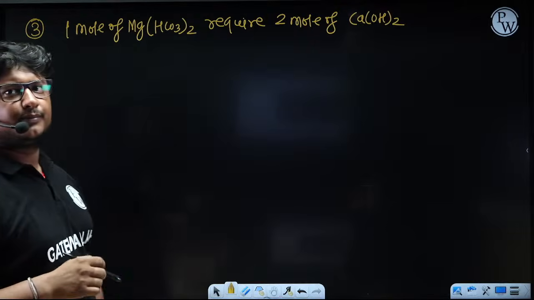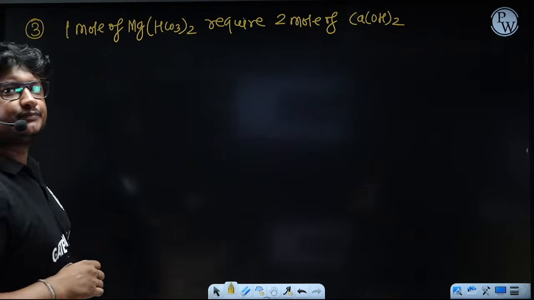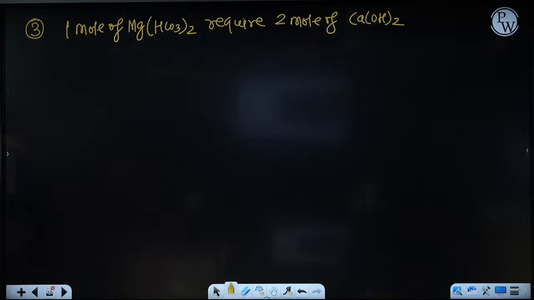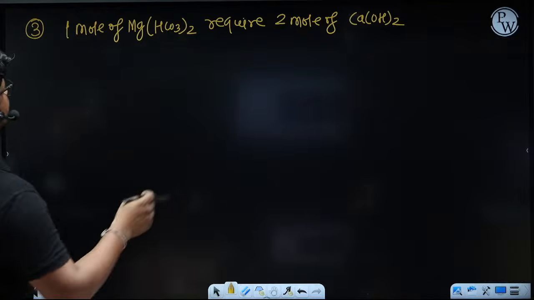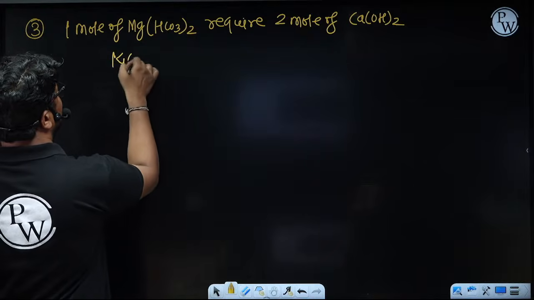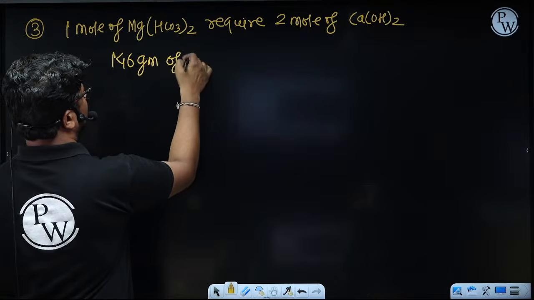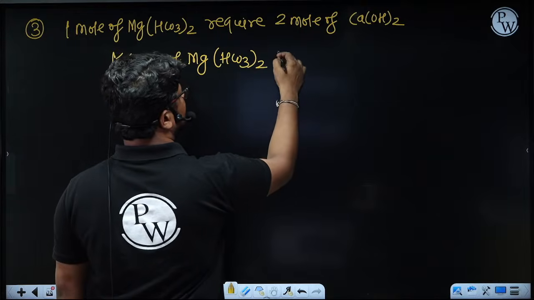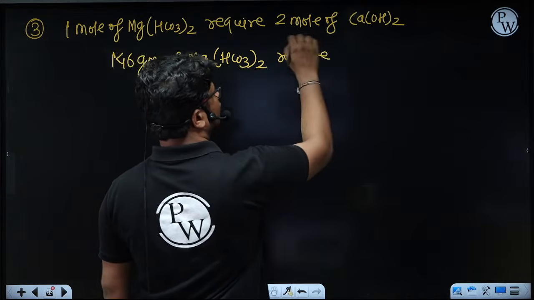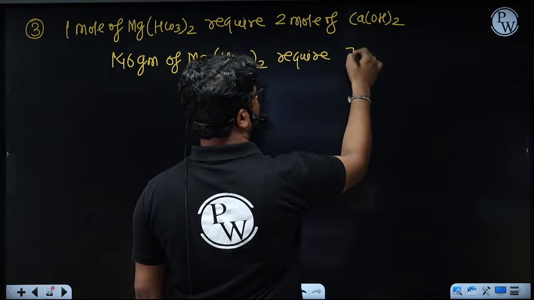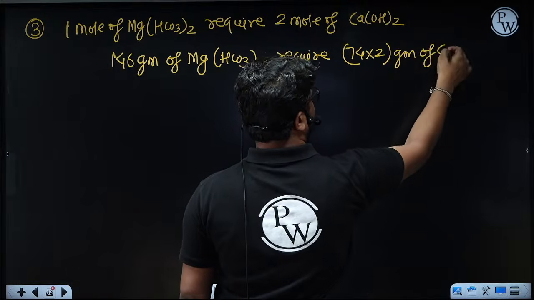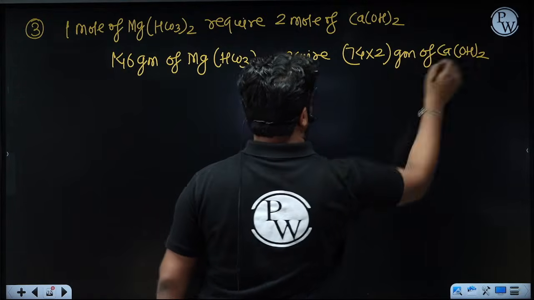Am I right or wrong? Okay. If you calculate the molecular mass here, how much will it be? Around 146 we are getting. So 146 gram of Mg(HCO3)2 requires 2 moles, that means 74 into 2 gram of Ca(OH)2.